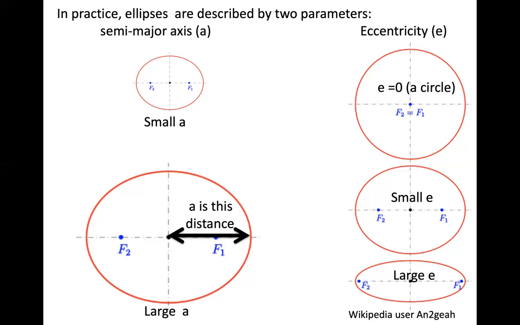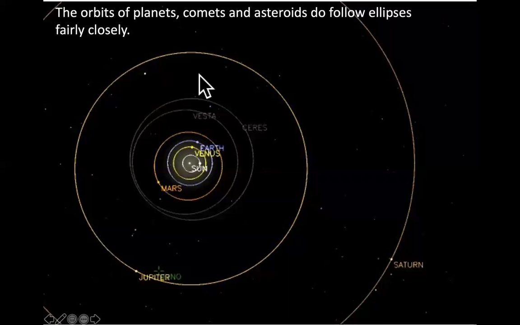And all orbits in our solar system can be described that way. If you look at the orbits of the planets in our solar system, they look mostly like circles. But if you look at things like Mars, you might notice it's a little bit more elongated this way than this way. So it actually has a bit of an eccentricity.